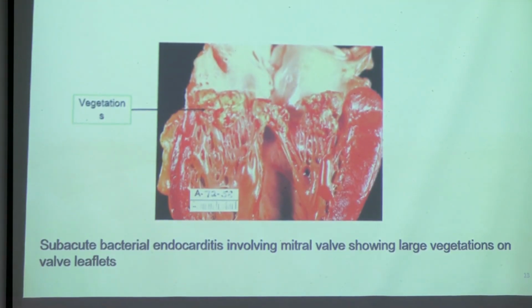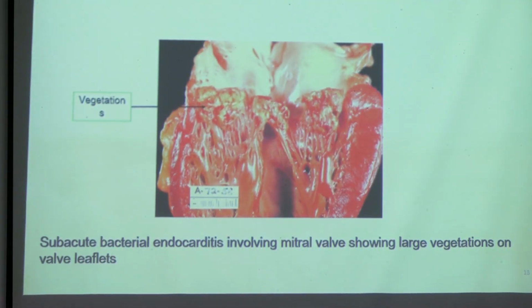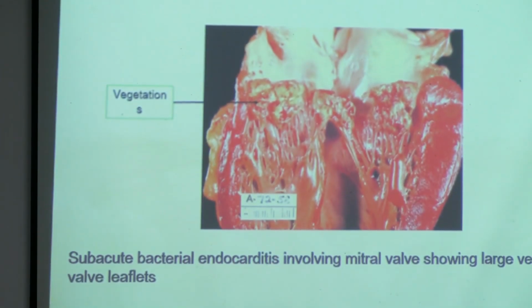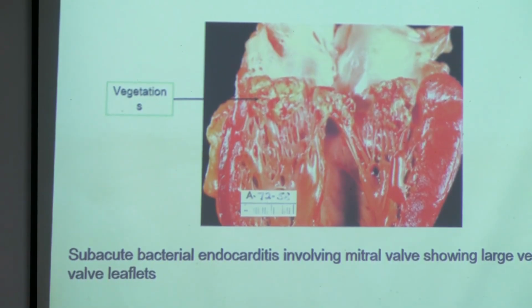What is chordae tendineae? There are some muscles attaching the valves with the wall of the heart. You can see this part is your valve, and below the surface of the valve, where there is slow flow of the blood, there the vegetations will come. It won't be seen on the upper side.